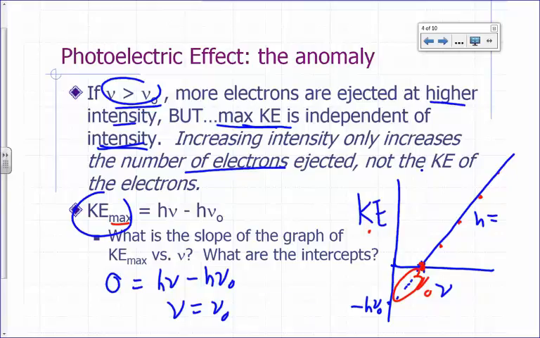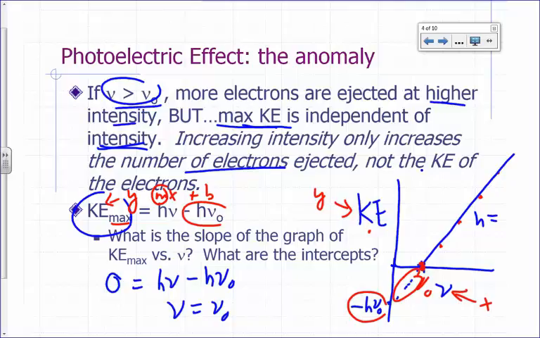And it turns out this slope of the line, you can see this is y equals mx plus b. See? So the slope of your line is h. Okay? This is your x-axis. So kinetic energy is on your y-axis, and your y-intercept, that's your b, is negative h nu naught.